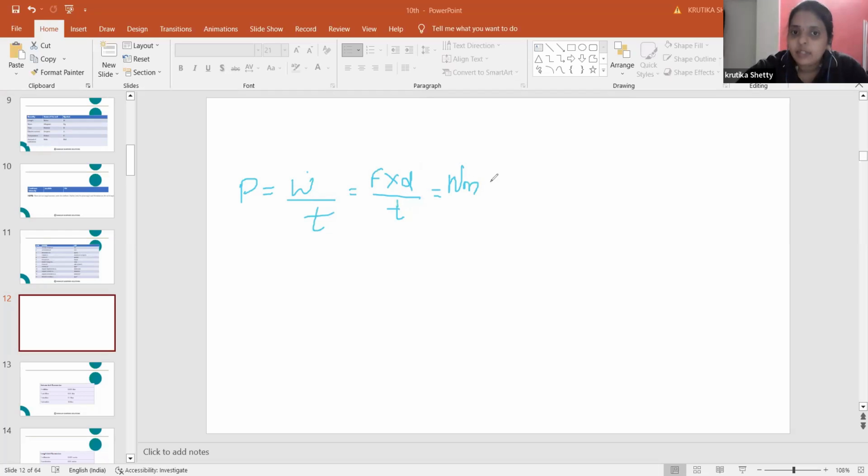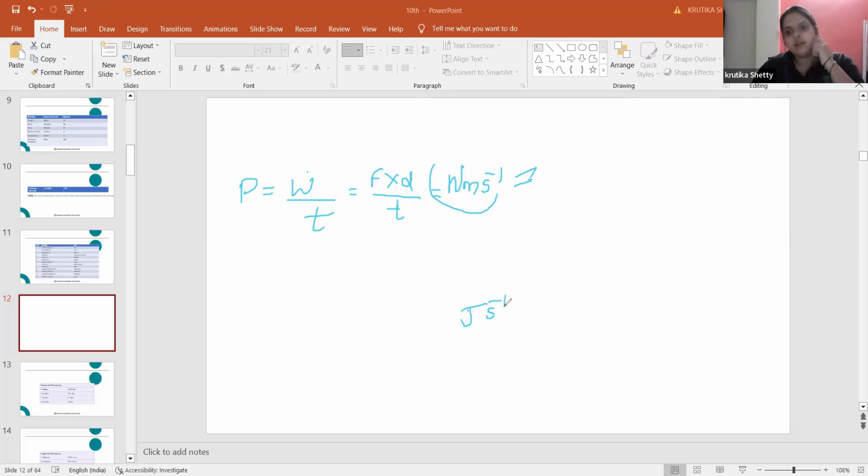Then time, since it is divided, comes with power of -1. Sorry, it is Newton meter per second. So this Newton meter per second is called watt. Or force into displacement gives Newton meter, and we take this as joule actually. So this is taken as joule. Therefore this is also expressed as joule per second.